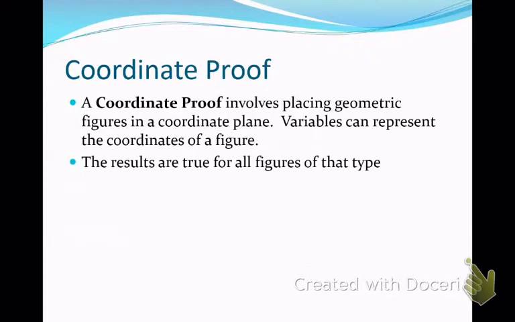If we do that and we generalize things down to variables, then we can say the results are true for all figures of that type. Now, we've done things kind of like this, but we actually gave the vertices numerical coordinates, which means the only things that we did before was prove things for a specific shape. A coordinate proof allows us to show something is true for all versions of that particular shape, not just one.